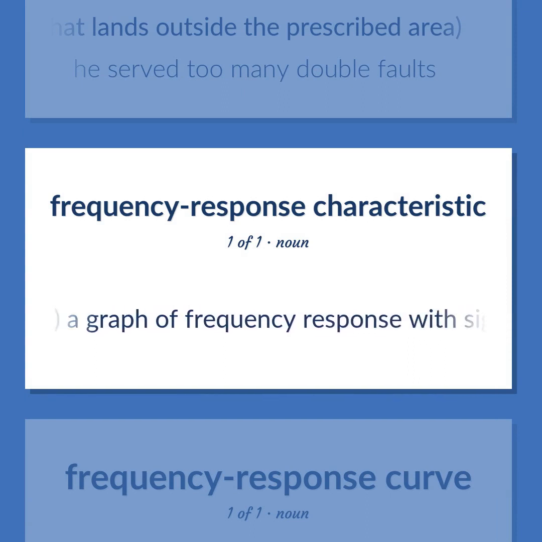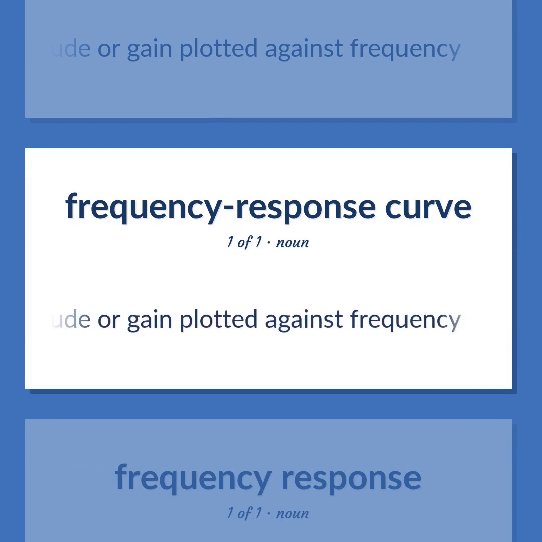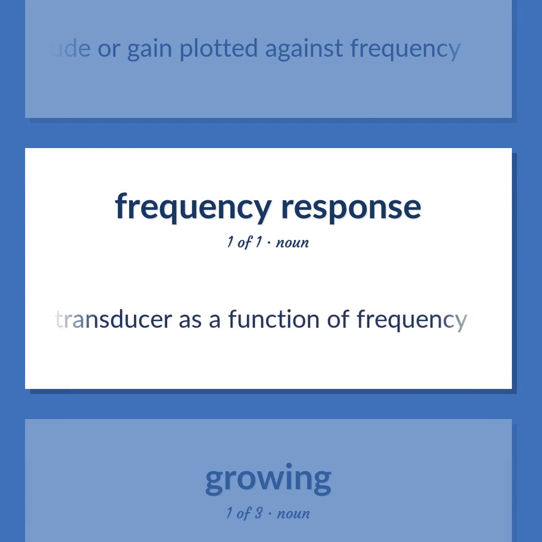Electronics. A graph of frequency response with signal amplitude or gain plotted against frequency. Electronics. A curve representing the output to input ratio of a transducer as a function of frequency.